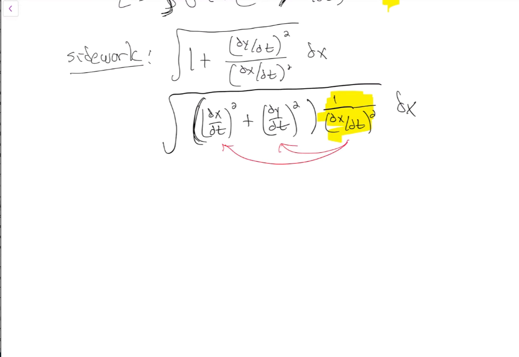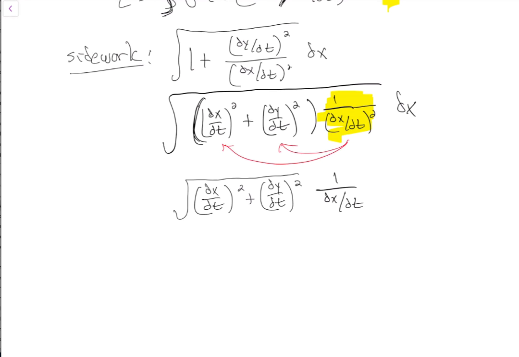And then I'm going to take out of the radical that term that I factored out. So when I pull that term out of the radical, I basically have the radical of 1 over a squared, if you will, and that's just going to come out as 1 over a.